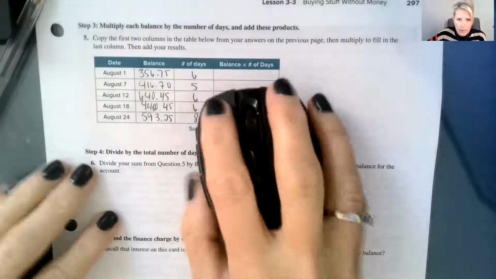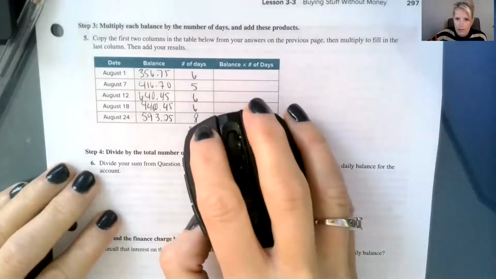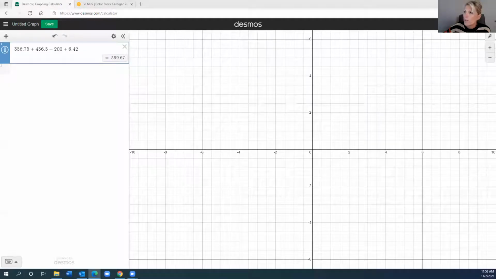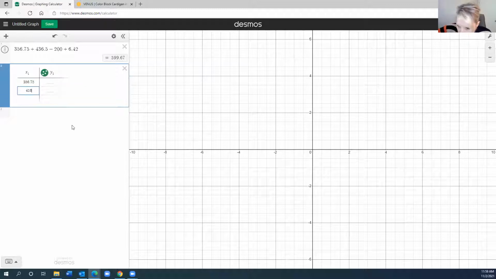There is a quick way you can do this in Desmos, and I'm going to show you, because we can go ahead to Desmos here and make a table. And in column 1, I'm just going to put my balances: 356.75, 416.70, 640.45, 440.45, and 593.25.